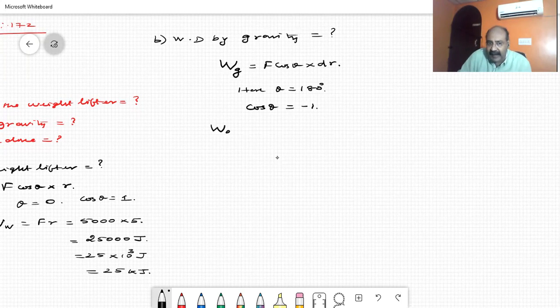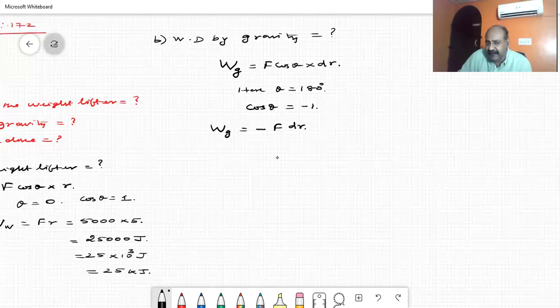So work done by gravity is equal to minus of F into dr, or F into r. So minus of F, which is 5000, into dr, which is again 5, so minus of 25,000 joule.